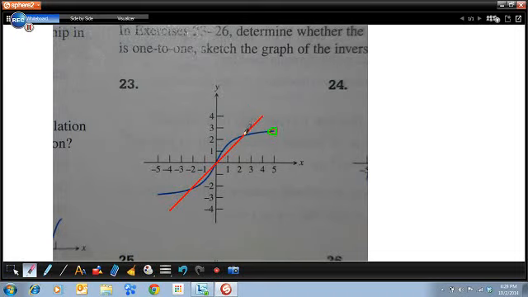And I can keep doing points like this. This point on the graph looks like x is a little bit more than 2, and y is a little bit more than 2. So actually that's going to be the same one, right? So I'm going to draw it from here to here.